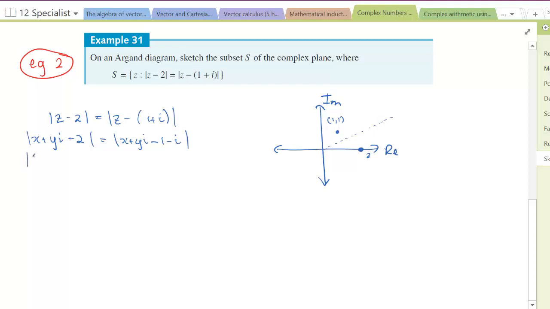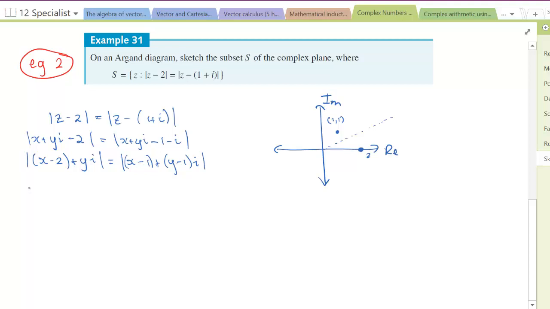When we group into real and imaginary, we have x minus 2 plus yi, so there's our real and imaginary, and x minus 1 in the real and y minus 1 in the imaginary.